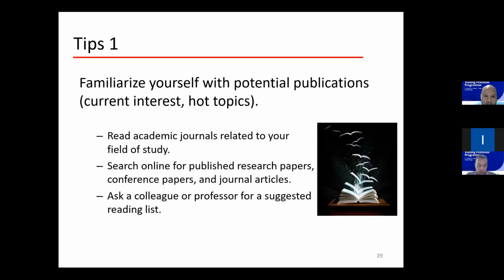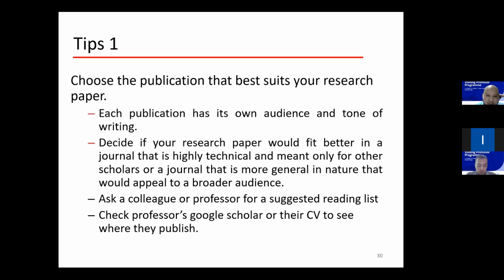So you can look at the list of publications. If you do not know where to submit, one of the tips: you go to any professor in the world, you look at where they submit, where their papers are being accepted. Okay. And then choose the publication that best suits your research paper.